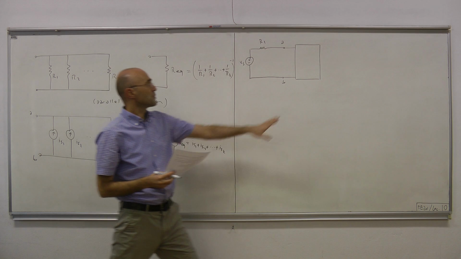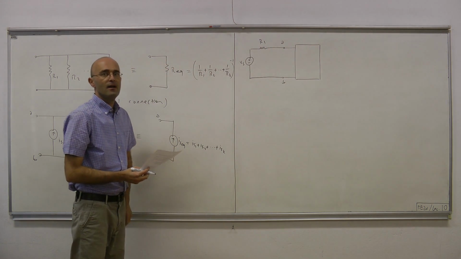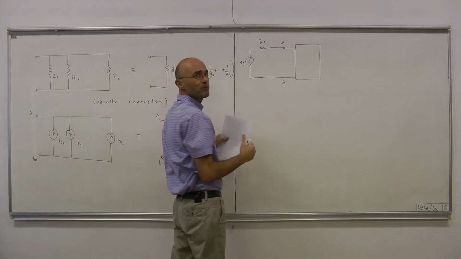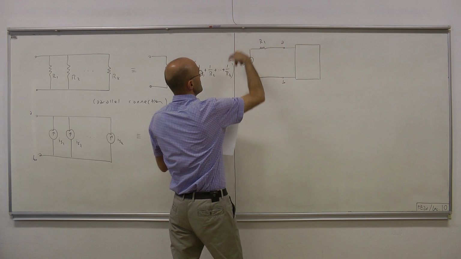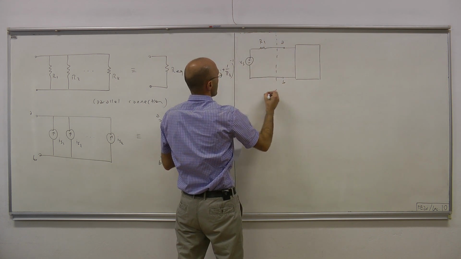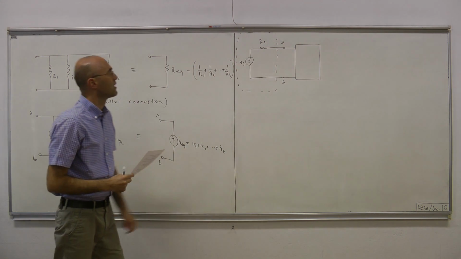Now, here is a one port, here is another one port, and two one ports are connected as follows. Now, the one port that we want to study is the one on the left. This is our one port, with port terminals labeled as A and B.